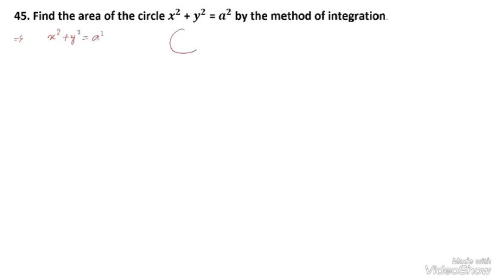Now I can consider the circle containing the four quadrants. Here I can take one part of the circle and multiply it, taking the integration from 0 to a. This is a.